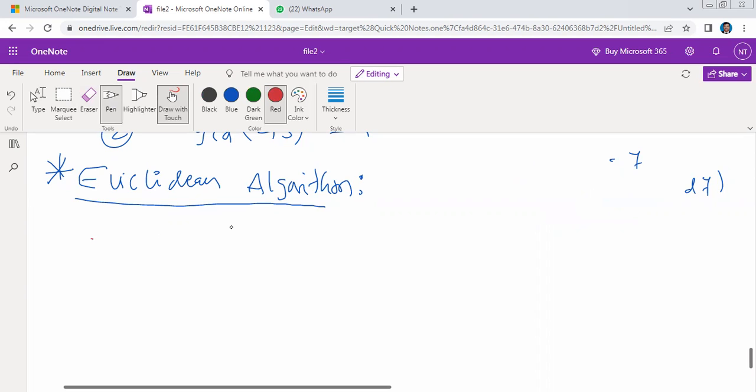Now the Euclidean algorithm. Let a greater than 0, b greater than 0. a, b belong to Z, but both a and b are positive.